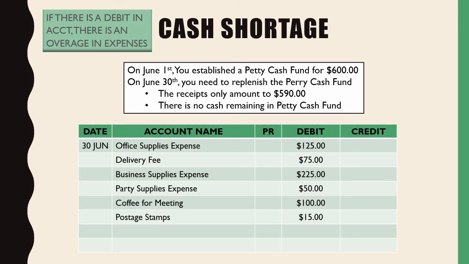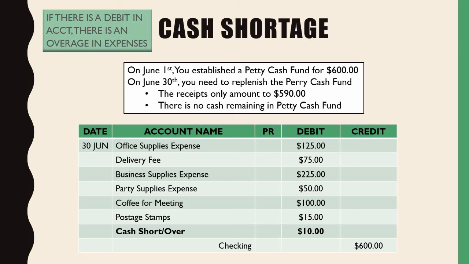So what we're going to do is recognize every single receipt in there, because that's what we have to do in order to replenish it. But because we're short by $10, we're going to have to recognize this as a cash shortage of that extra $10. And you're going to write another check for that $600. In this case, we couldn't find out why or where that $10 went.